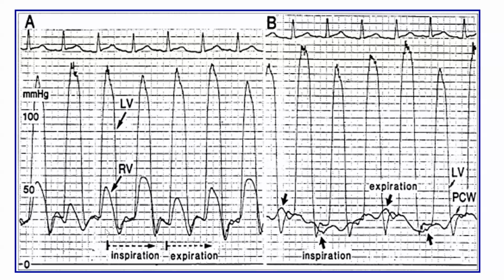As you're seeing here, the right ventricle pressure during inspiration is increased because venous return is more to the right ventricle during inspiration. So RV pressure is elevated during inspiration, leading to a decrease in the LV pressure.